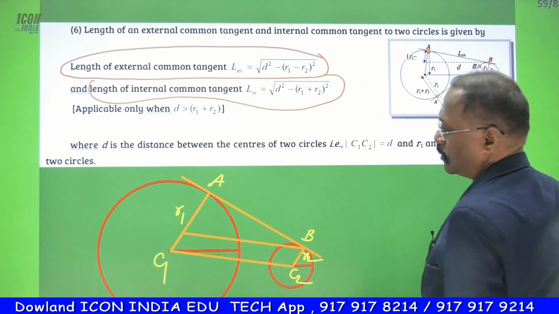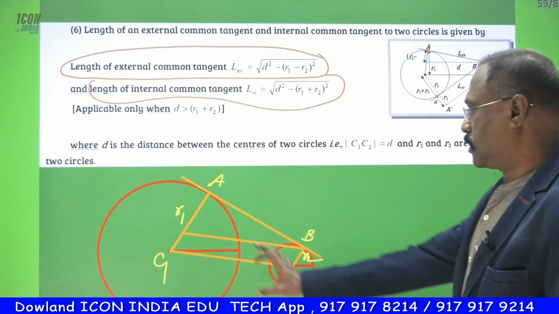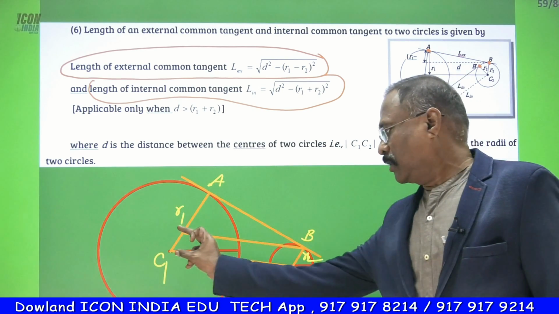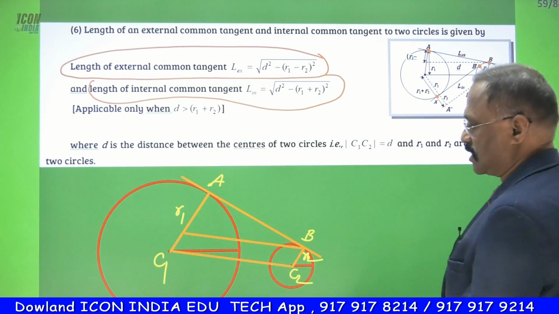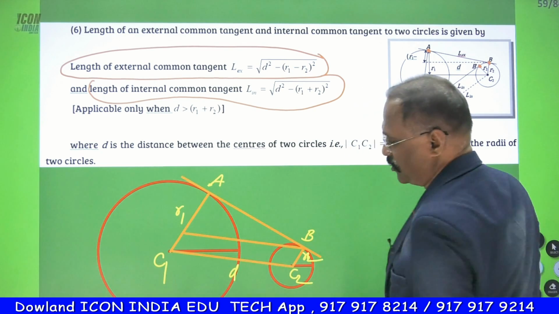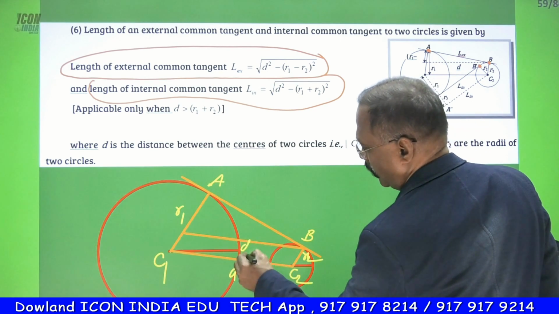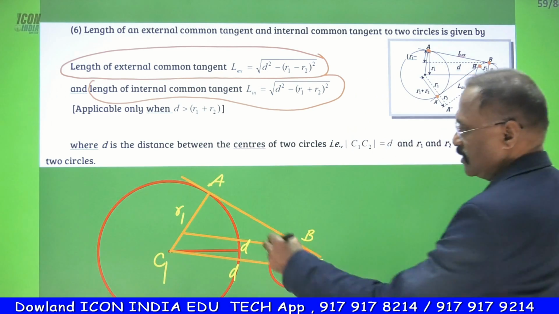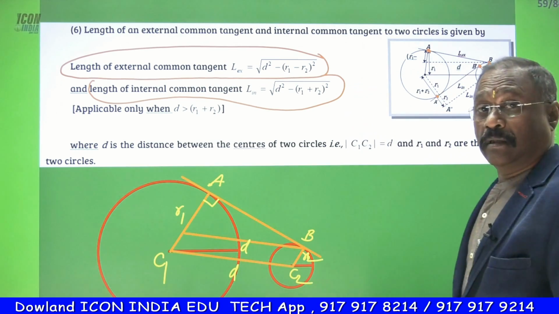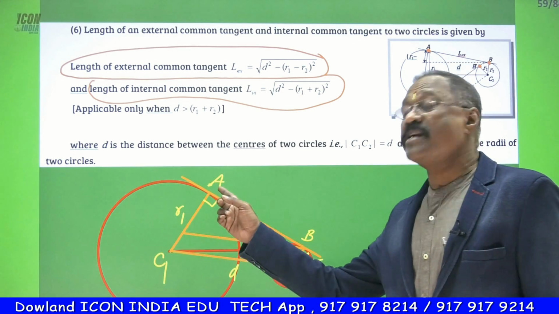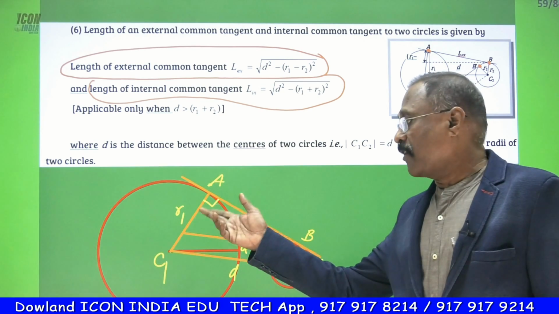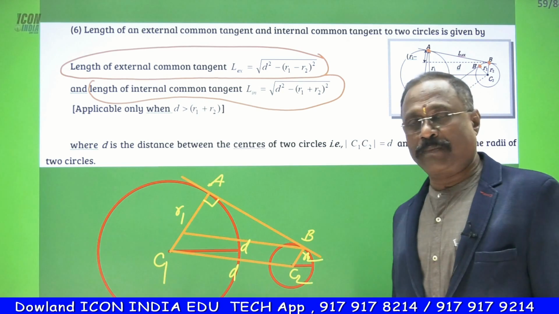And you have to understand that the total length is R1 here, and this length is R2 here, and these two are parallel lines, and this is nothing but the distance between the centers denoted by D, and obviously this is also D, and this is 90 degrees as you know, because the line joining the center and the point of contact of any tangent is always perpendicular.